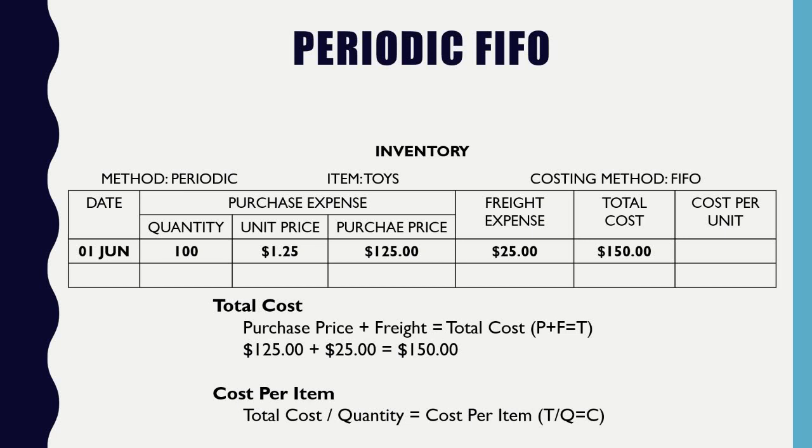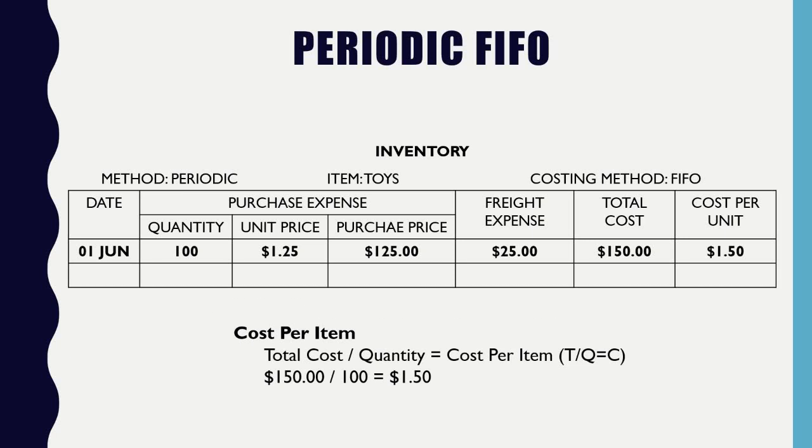We have a total of $150 in cost. I'm going to divide that by my total quantity, which is 100, which means each item that I sell is going to cost me $1.50.